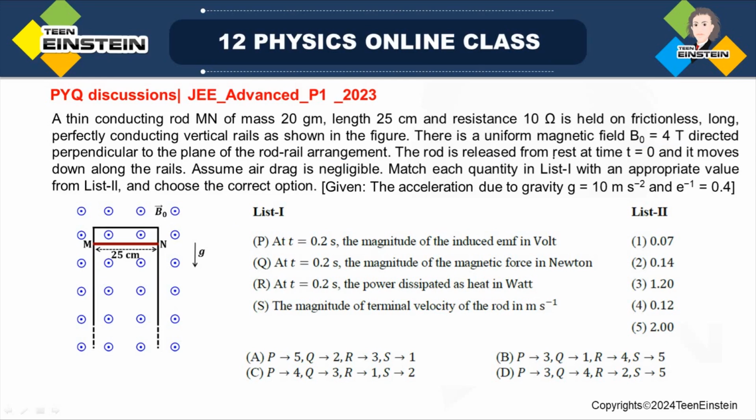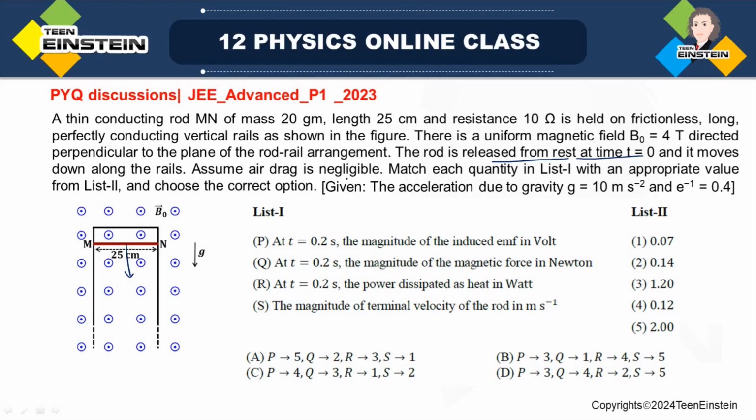The rod is released from rest. This is important. At t equal to 0, the rod is released from rest. It moves down along the rails like this.